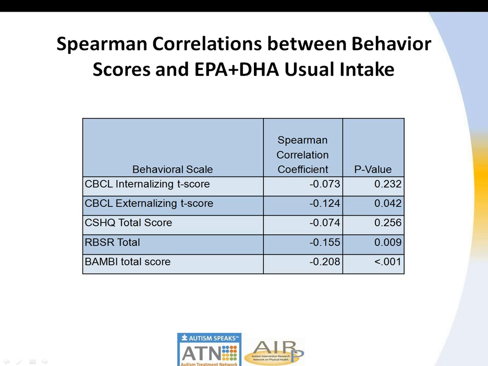When we looked at the scores relative to the total amount of EPA plus DHA, which was calculated to reflect usual intake, what we found is that the Repetitive Behavior Scale remained significant, as did the externalizing score on the CBCL, and the BAMBI to reflect eating behavior.